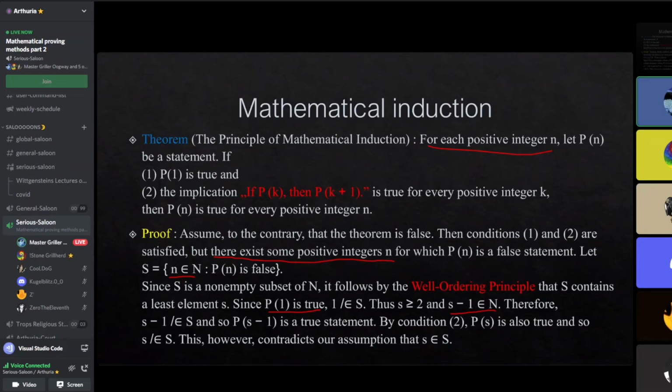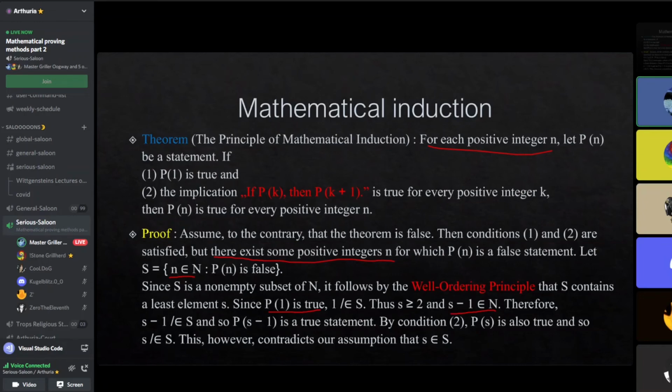Now, since s is greater than or equal to 2 and s minus 1 is an element of N, we know that s minus 1 is not an element of S. Why do we know this?